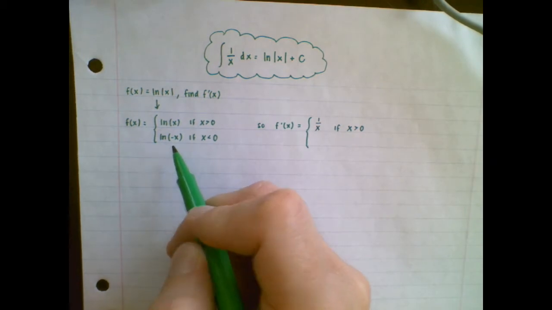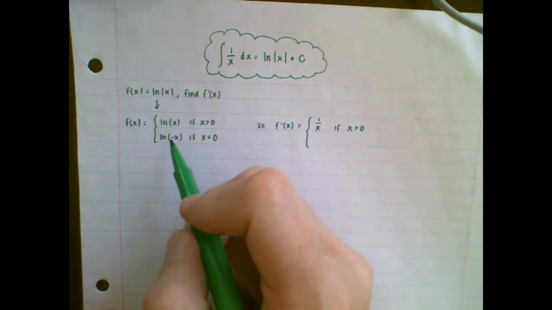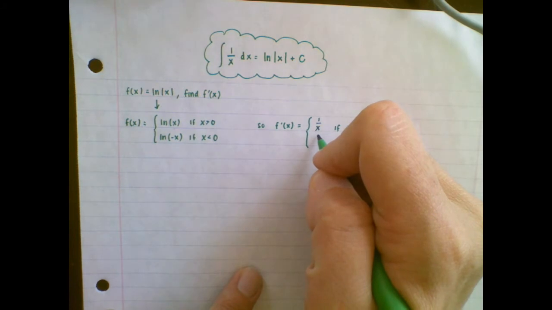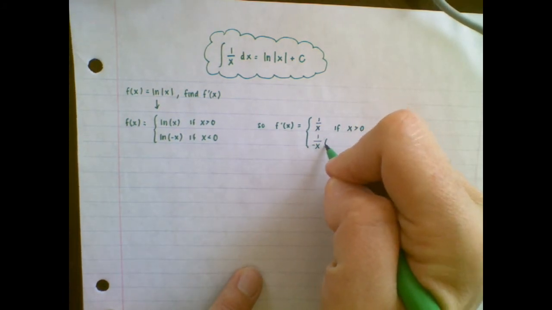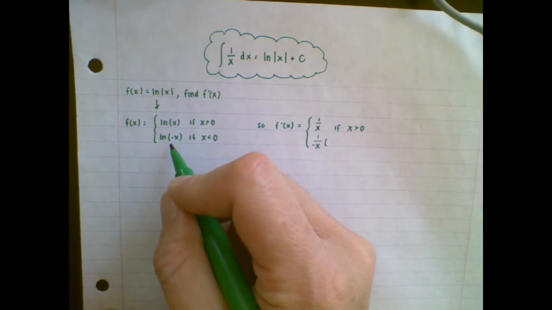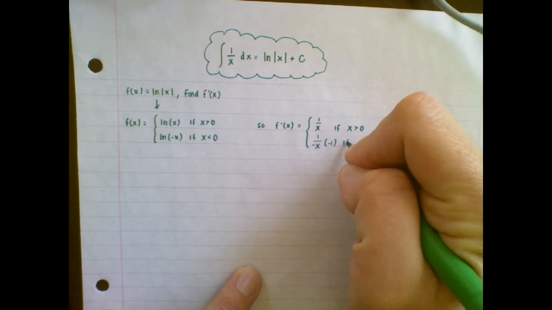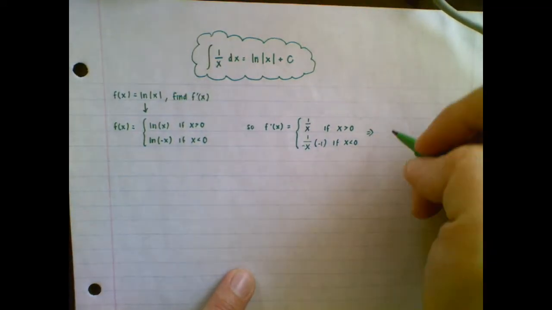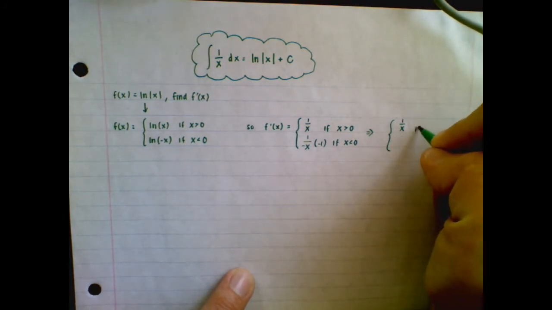What is the derivative of ln of negative x? Well, I know that from using my chain rule, because I have something on the inside here, my derivative would be 1 over negative x, and then I would have to multiply by the derivative of the inside stuff. Derivative of negative x is just negative 1 if x is less than 0, which would simplify to, again, 1 over x if x is greater than 0.